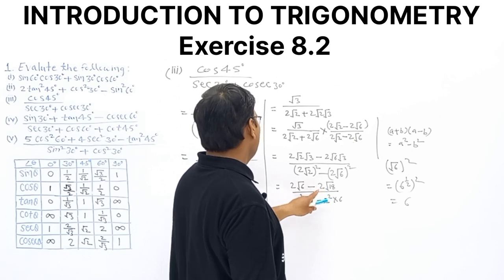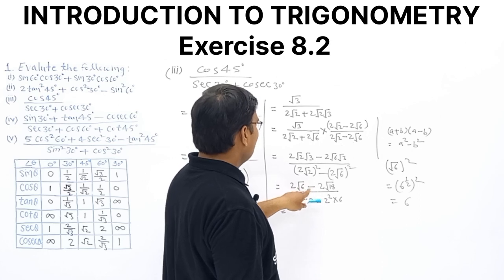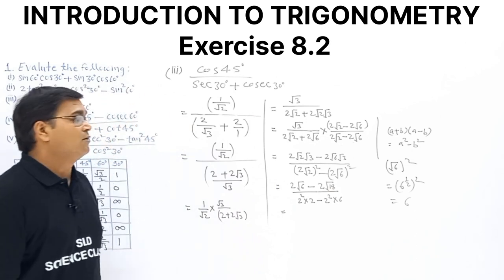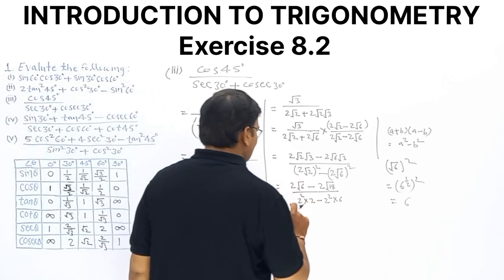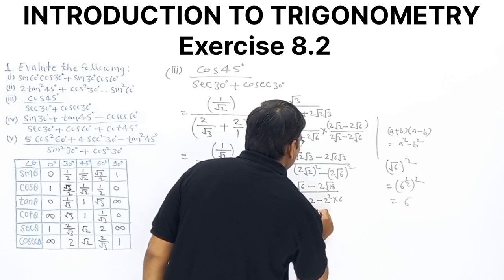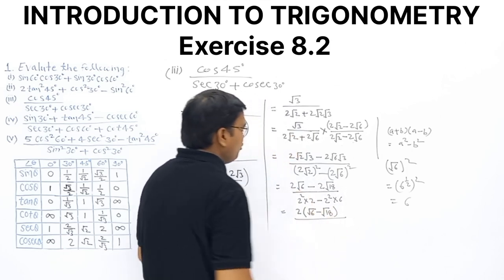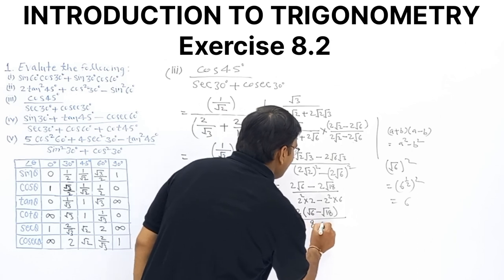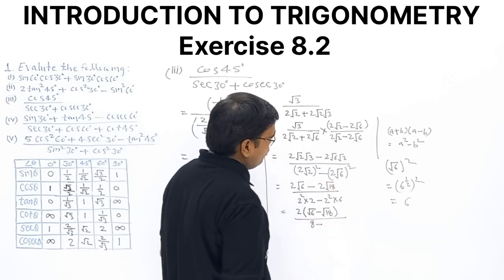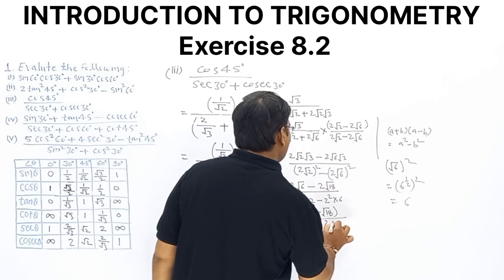In which we are having 2 as a common, but this can be written as 6, and this can be written as 9 into 2. 2 is the common, square root of 6 minus square root of 18 divided of what? 2 2s are 4, 4 2s are 8, minus, this one is what? 2 2s are 4, 6 4s are 24.